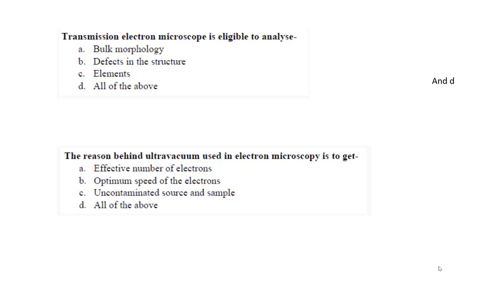With the help of the high vacuum, we will get a very good number of electrons impacting on the sample, and the speed also we can optimize, because in the vacuum the electrons are not getting deflected or decelerated by the air particles. So we will get a better speed of the electrons, and the sample is also uncontaminated because we are keeping it in a vacuum. So the sample will not have any contamination. So all of the above is the correct answer.